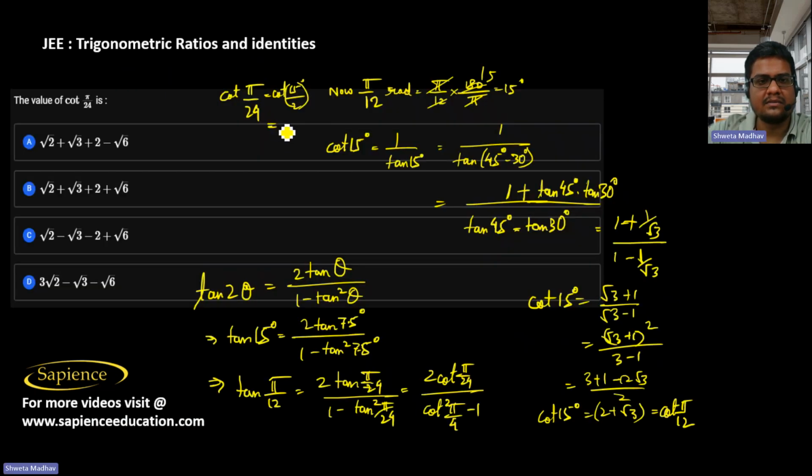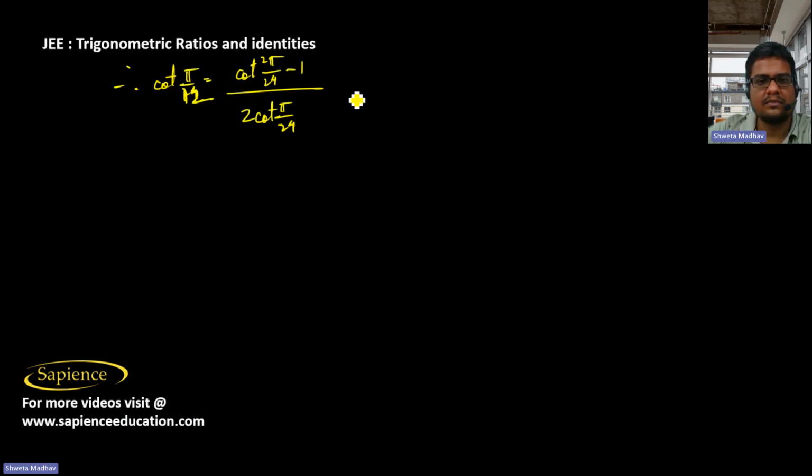Let x be equal to cot pi by 24. So 2 plus root 3 is equal to x square minus 1 by 2x.